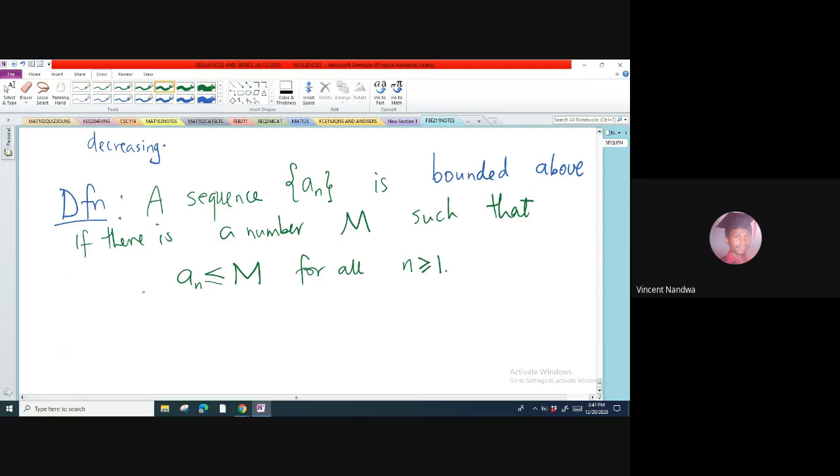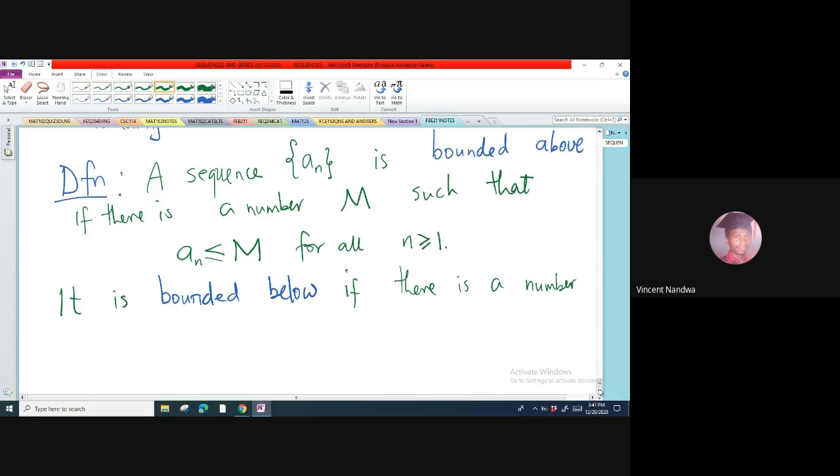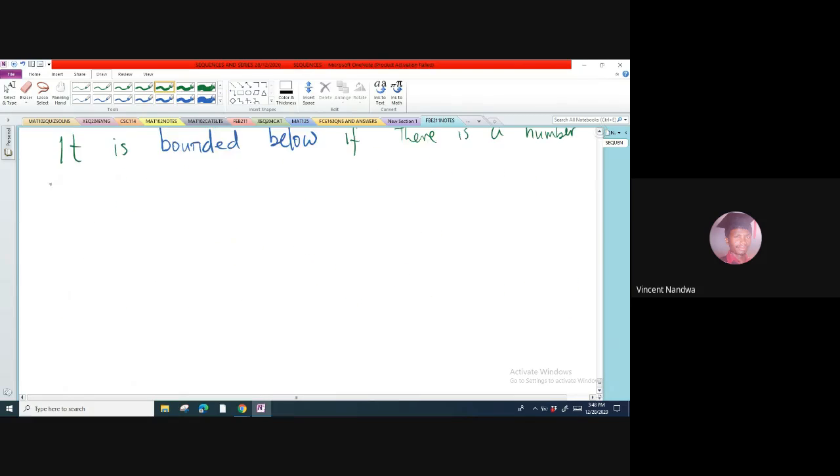And then, referring to the same an, it is bounded below if there's a number small m such that this small m is less than or equal to an for all n greater than or equal to 1.